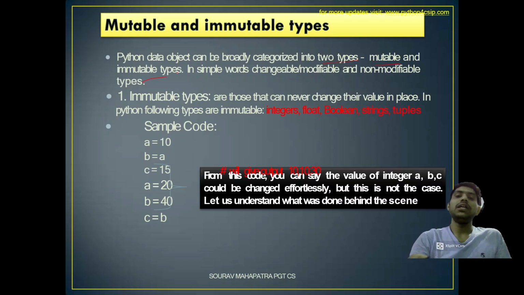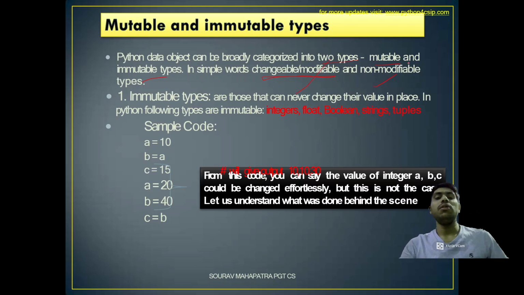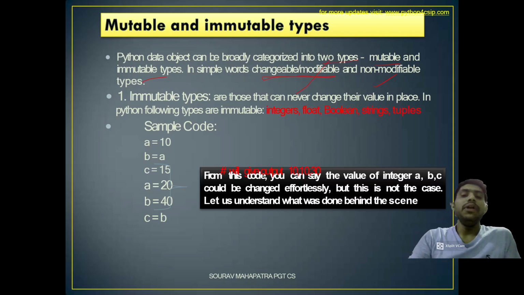In simple words, mutable means changeable, and immutable means non-changeable or non-modifiable. Immutable types are those that can never change their value in place. After defining once, we cannot modify it. That is called an immutable type.